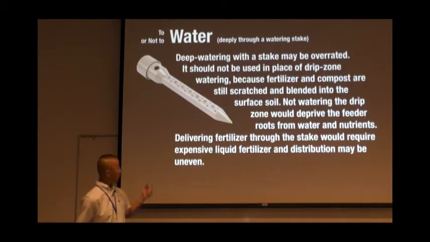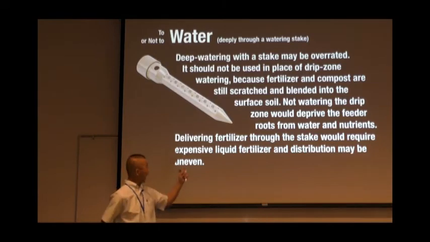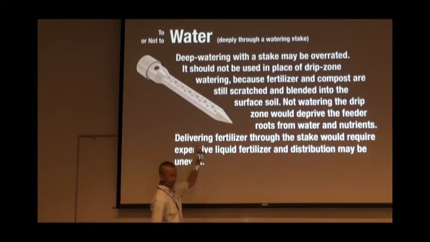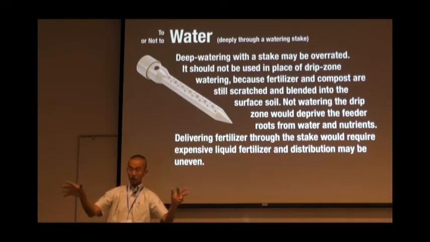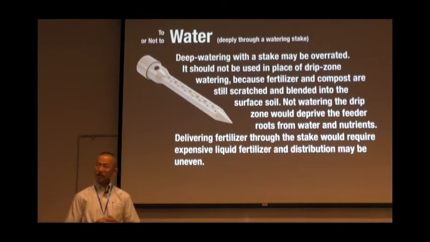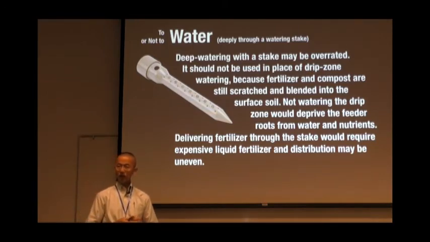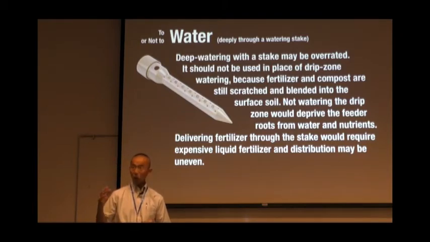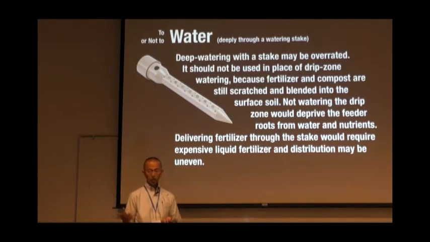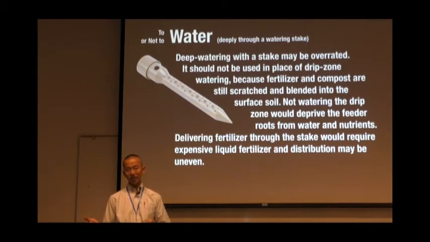So if you choose to use this method and only this method, as you can see, these holes are distributing water in different directions. However, the holes are not big enough for granular fertilizer to go through. So your only choice would be liquid fertilizer. Now, liquid fertilizer is very limited, and you cannot deliver compost.